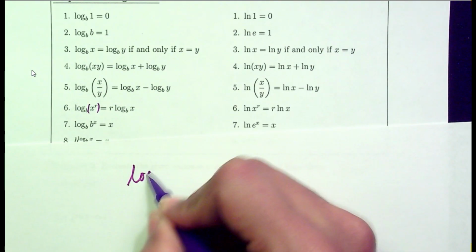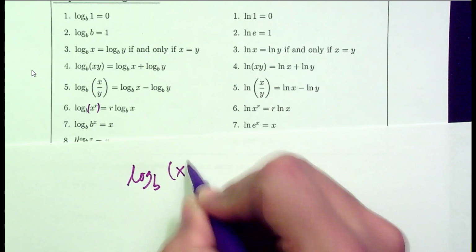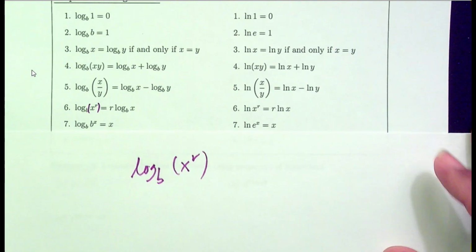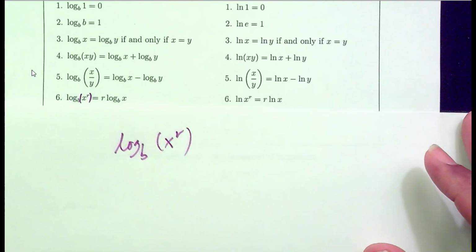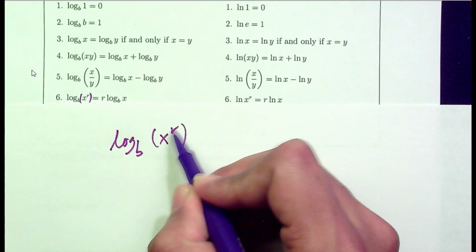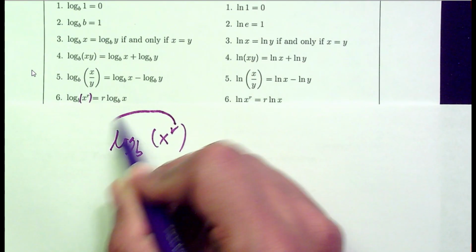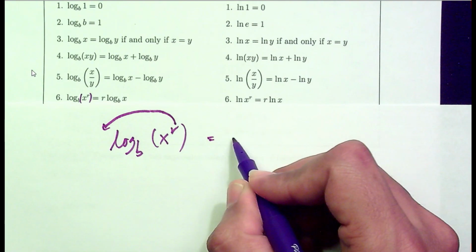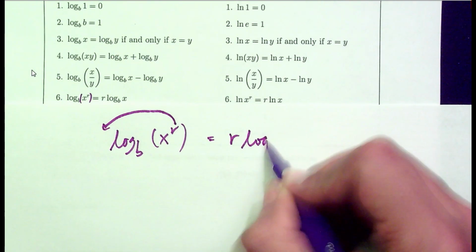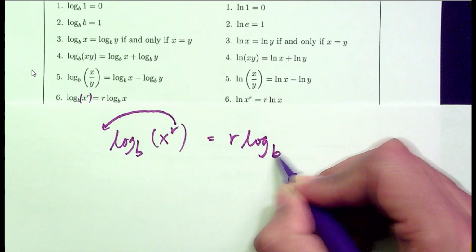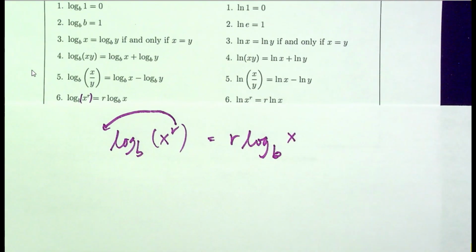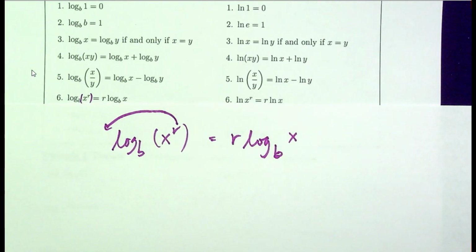If you have a logarithm base b, and you have inside that logarithm a power function, like that, then you can take that exponent and move it all the way to the front and say that this is equal to r log base b of x. This property is very useful, and allows you to simplify logarithms a lot.